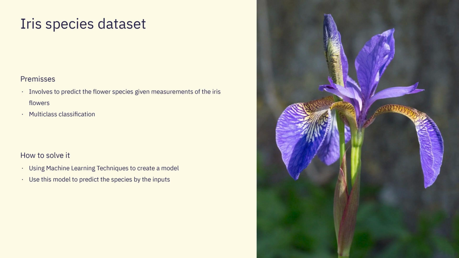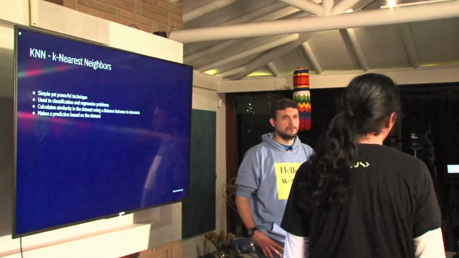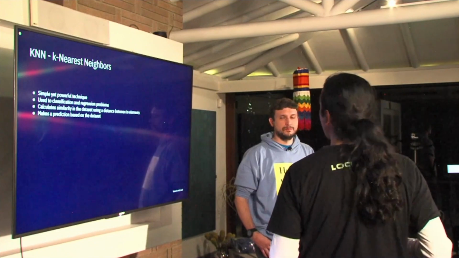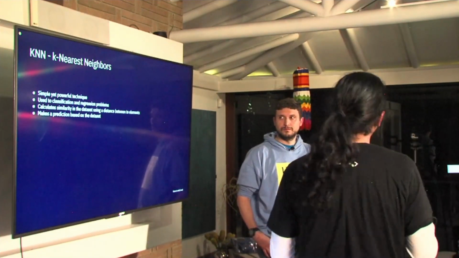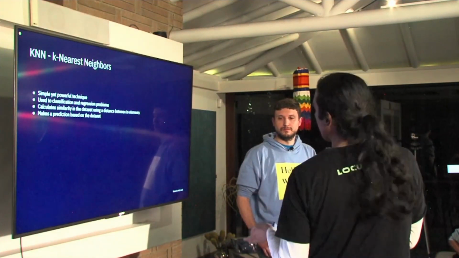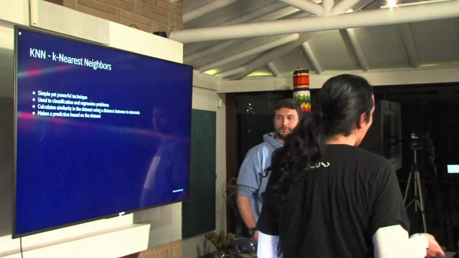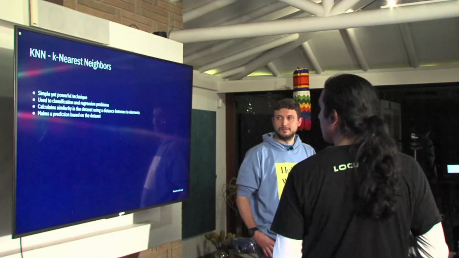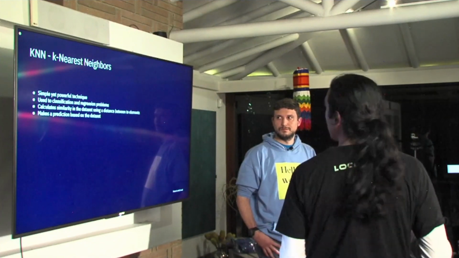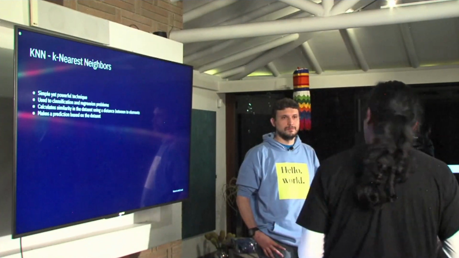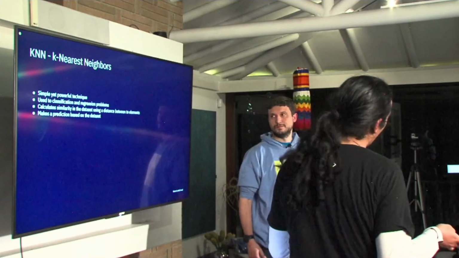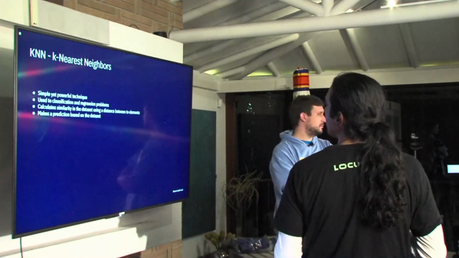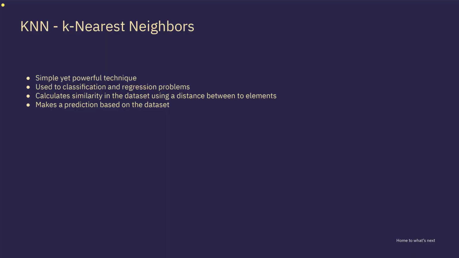Why am I using KNN for this example? Because it's a simple technique, but really powerful for this kind of classification. KNN is normally used for classification and regression problems, and it works by calculating the similarities across the whole dataset.